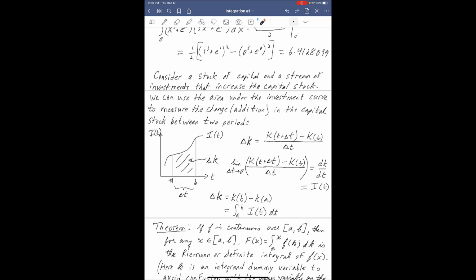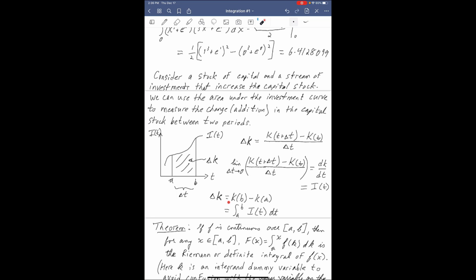So here we're taking those slivers, if you like, underneath the function, and we're making them extremely small by setting the change in time approaching 0. And what we get then is dK over dt, which is simply our investment.